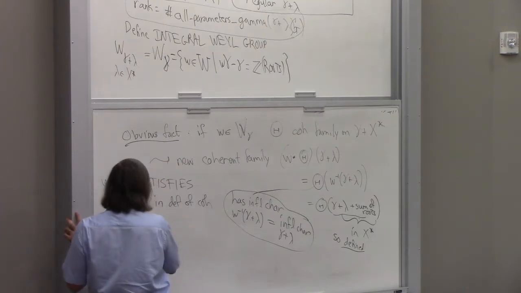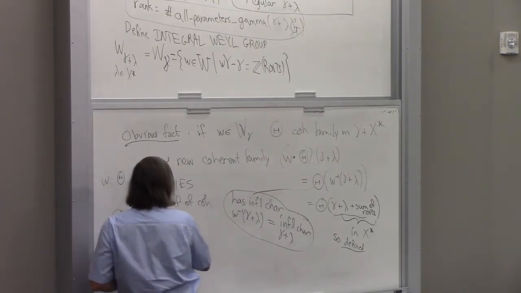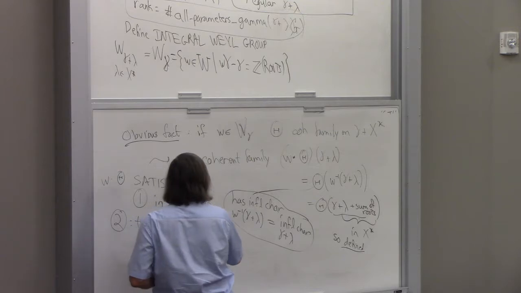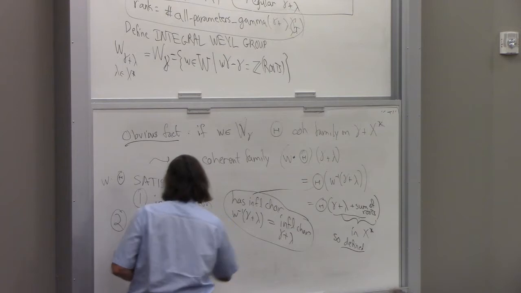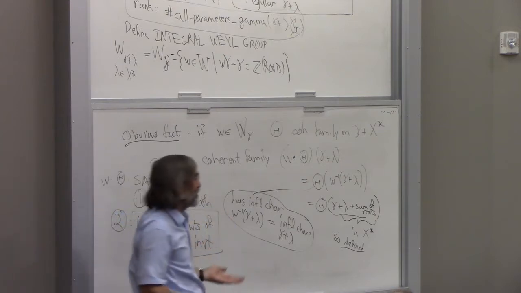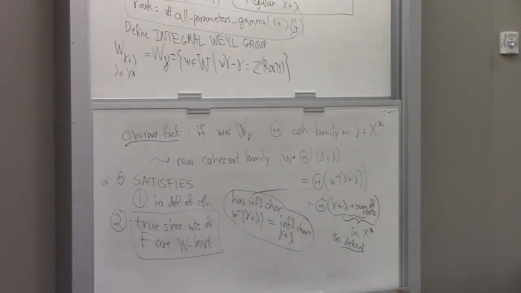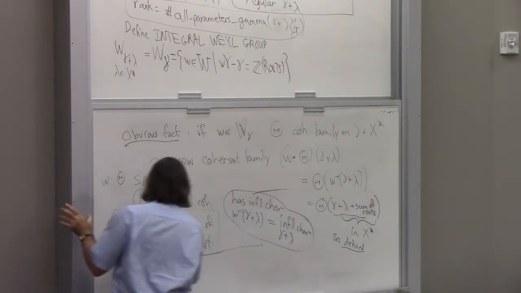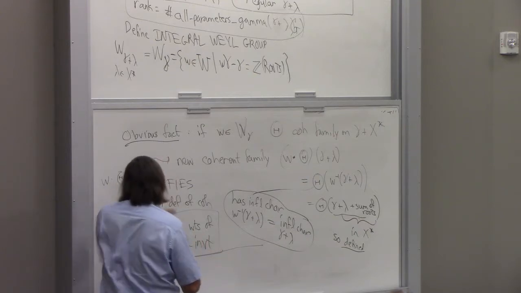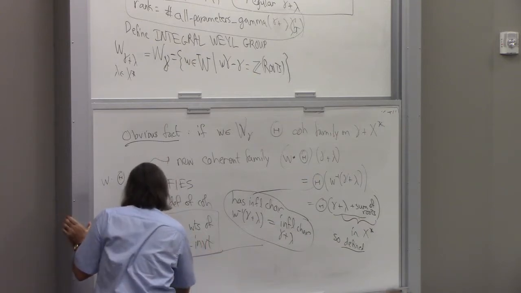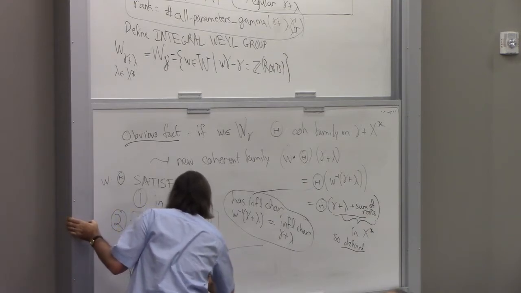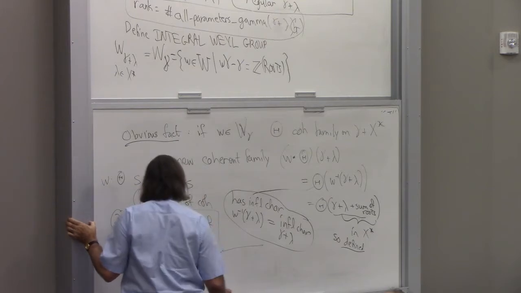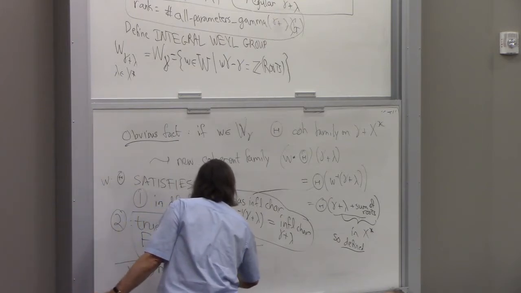And condition 2 is true since the weights of F are W invariant, the weights and their multiplicities are W invariant. So that condition comes along for the ride too. And so the point is that this gives us a representation of this W gamma on these coherent families.